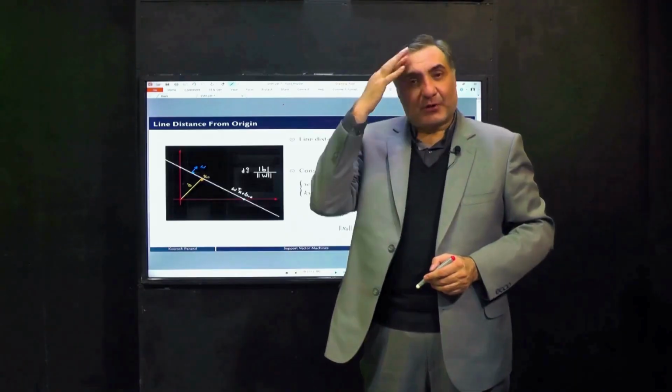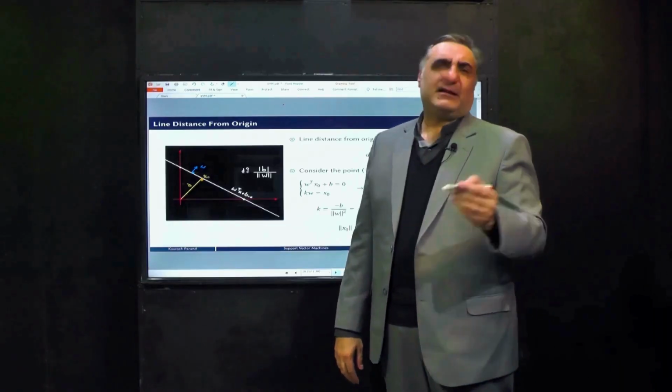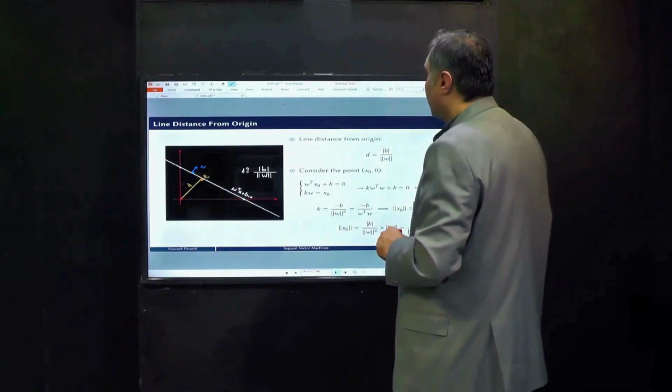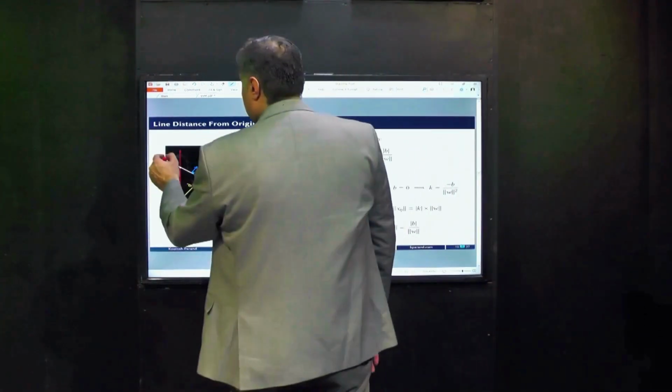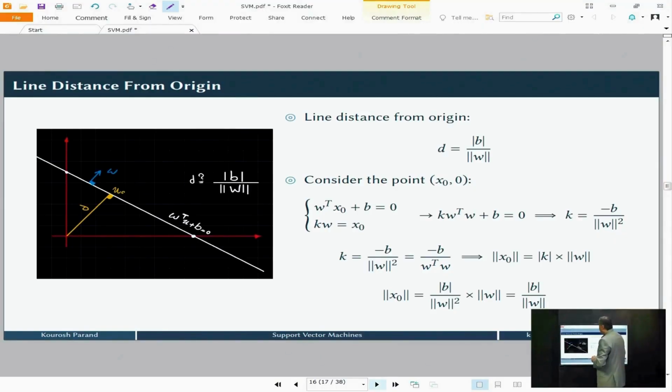Before I do that, there are a few points which are mathematically quite simple that I need to mention to you. First, let's consider this line, W transpose X plus B equals 0. What is the distance from this line to the origin?